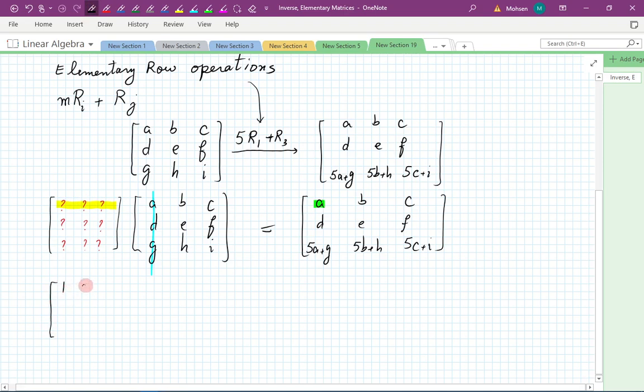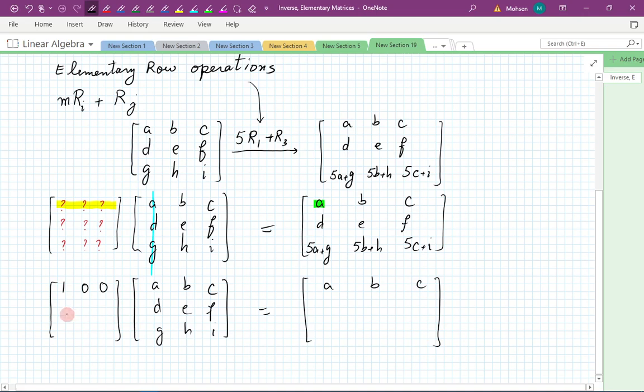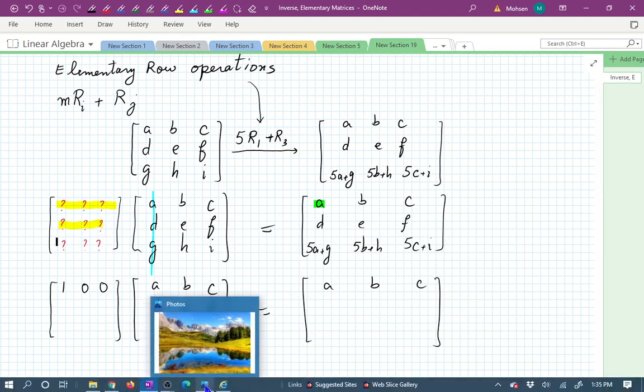That if I have 1, 0, 0, then of course when I multiply by A, B, C, D, E, F, G, H, I, when I multiply this with any of these columns, it just picks the first entry for me and nothing actually changes. It just comes out just like that. Okay, next challenge again. If you missed that, perhaps you try again. What is going to be on my second row?